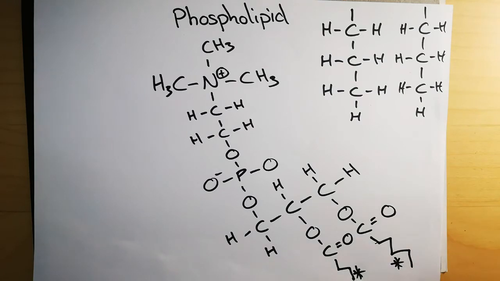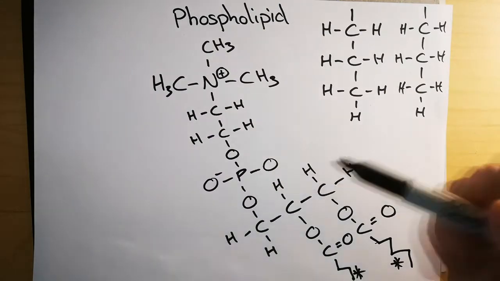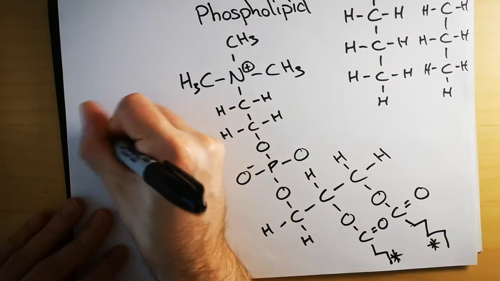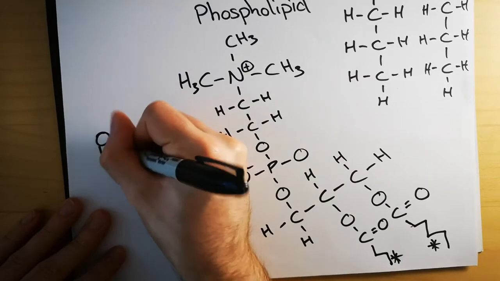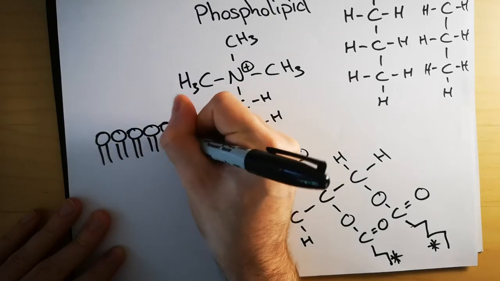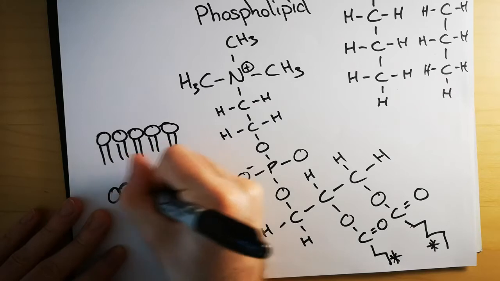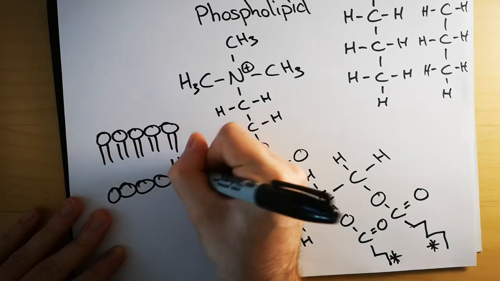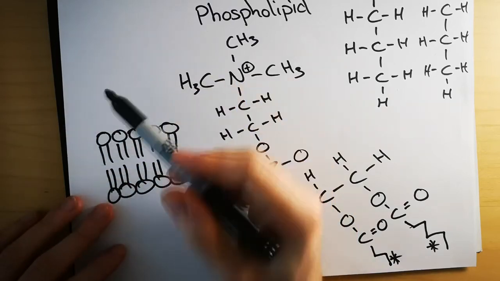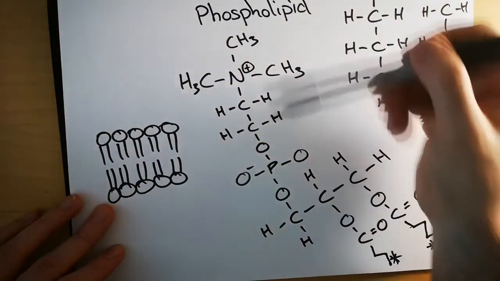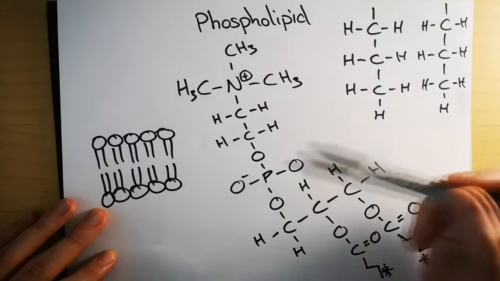And it is interesting to note that not all the phospholipids that you find in the bilayer are the same. Usually the head will have some other thing added onto it or taken away from it.